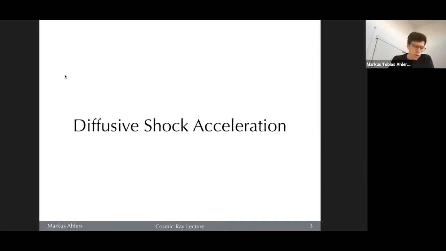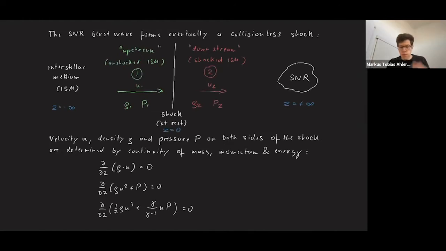So you can also derive the same result in a very elegant way using the diffusion equation that I introduced earlier. Let me briefly walk you through this. Eventually, after the supernova explosion, you will have swept up enough material from the interstellar medium that you produce a collisionless shock.